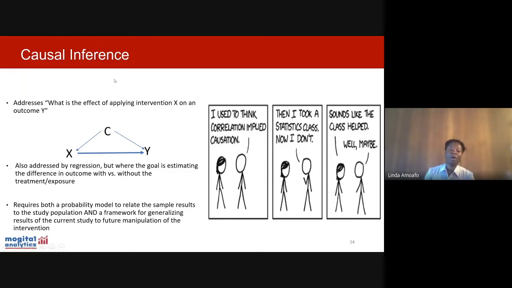So with a causal inference question, it wants to address what is the effect of applying some intervention or some exposure on an outcome Y. We have some exposure X, and we want to know what's the influence on Y. An example would be, I want to know what's the effect of smoking on lung cancer.